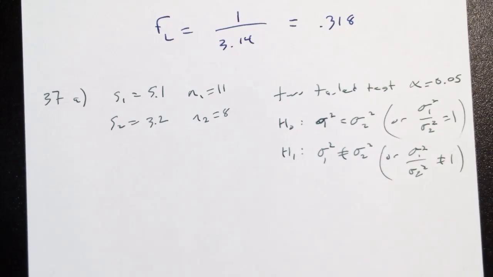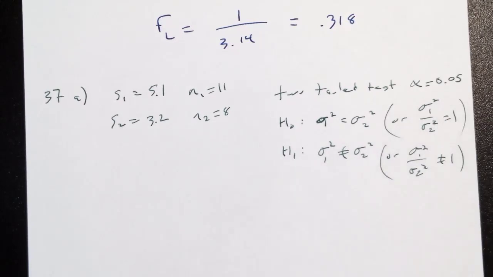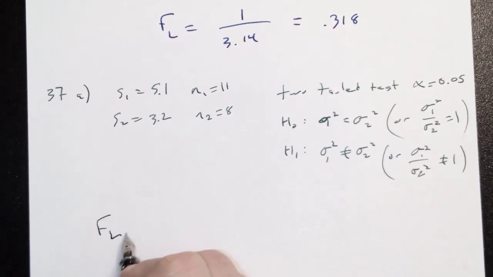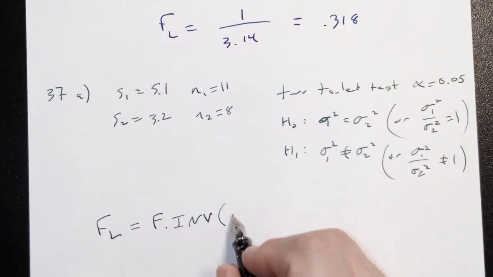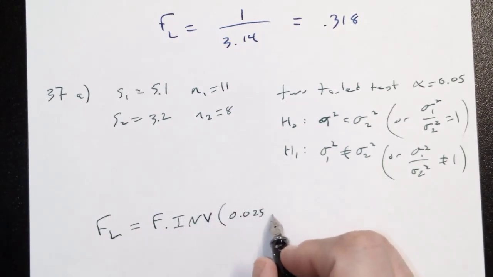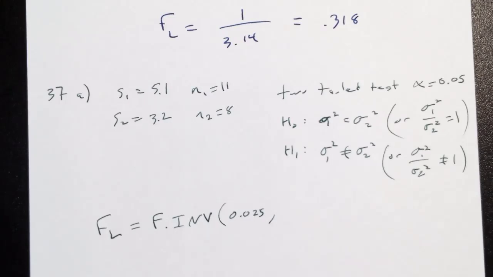If I'm doing a two-tail test, I'm going to want alpha over 2. Half the area should be low, half the area should be high. So I have to remember that really I want to do 0.025. So to do the left value, I do F dot inv 0.025, df1.